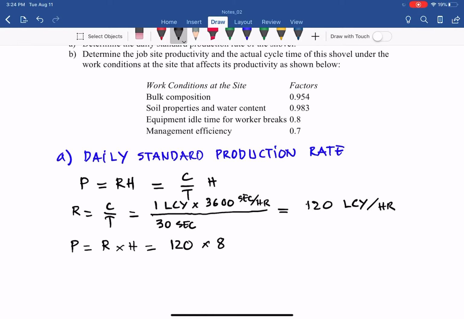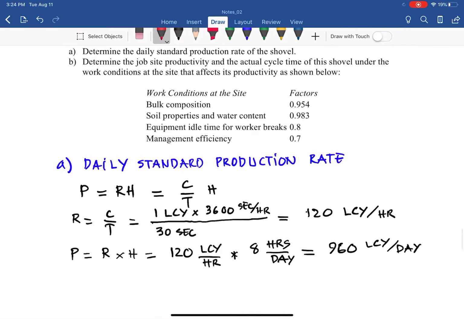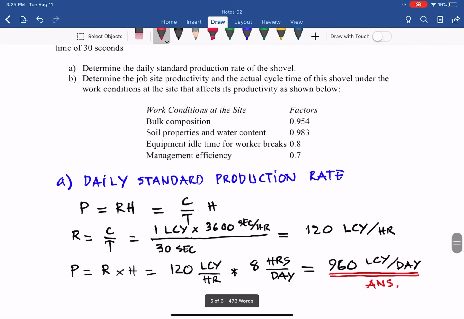In terms of the unit, LCY per hour times 8 hours per day gives LCY per day, and 120 times 8 is 960 loose cubic yards per day. What does that mean? This shovel can produce with the daily standard production rate of 960 LCY per day.